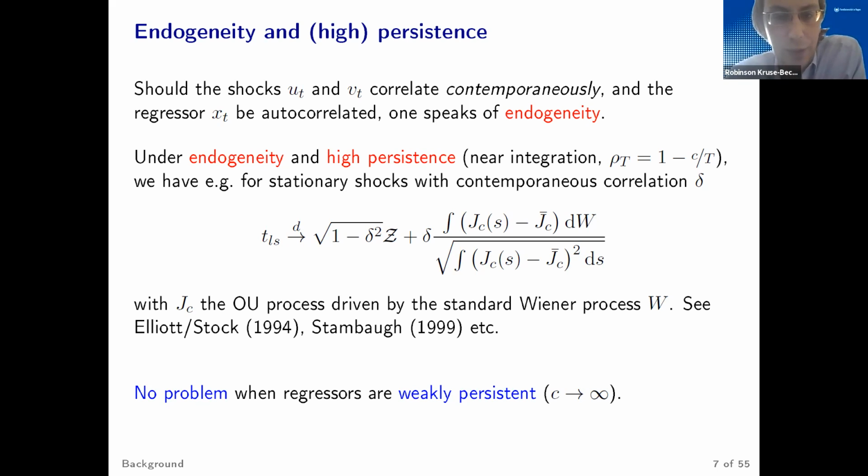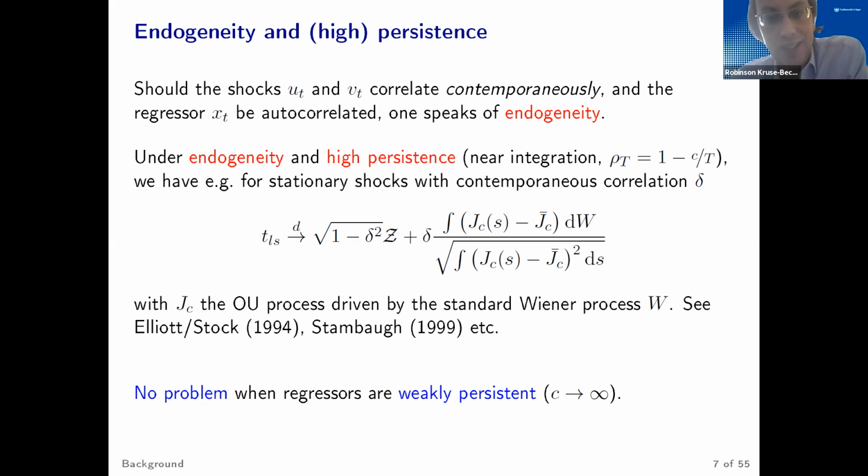And then we also have a nicely behaved random variable Z. And delta is the contemporaneous correlation between u_t and v_t. So you can see immediately that this has an impact. On the other hand, if delta is equal to 0, things get very nice.